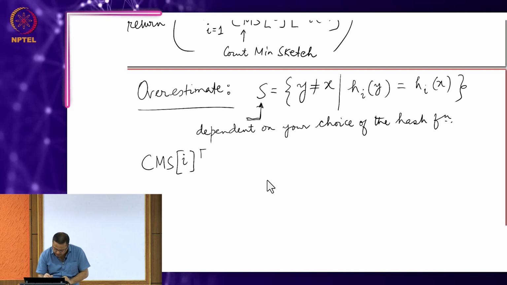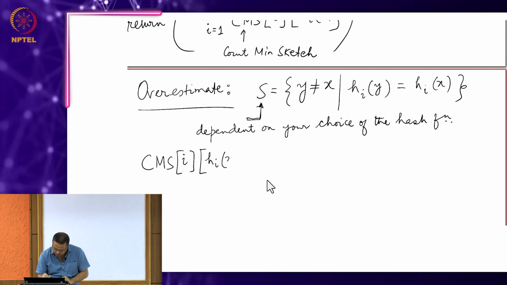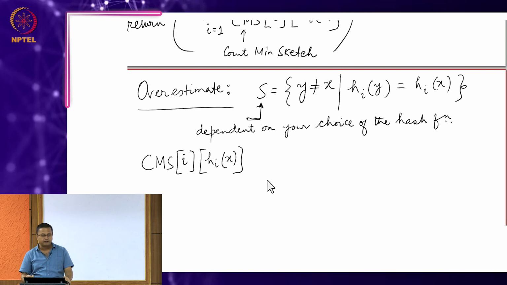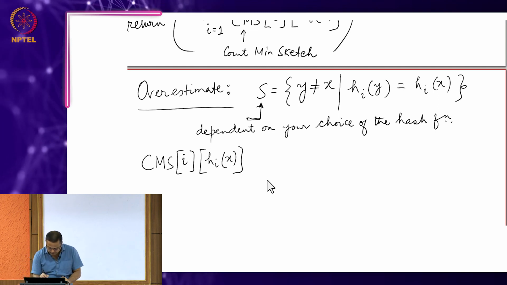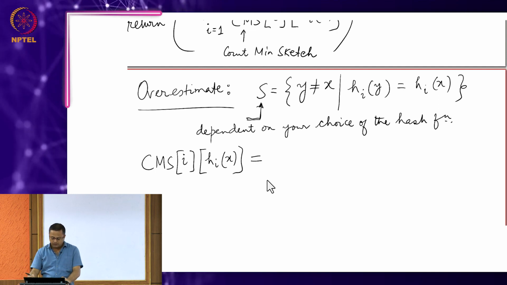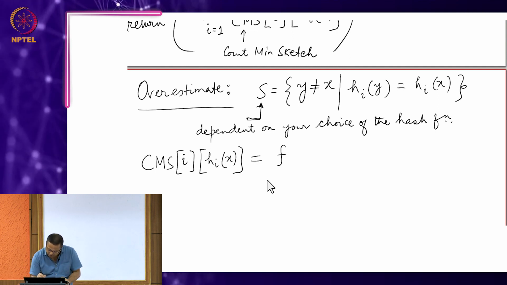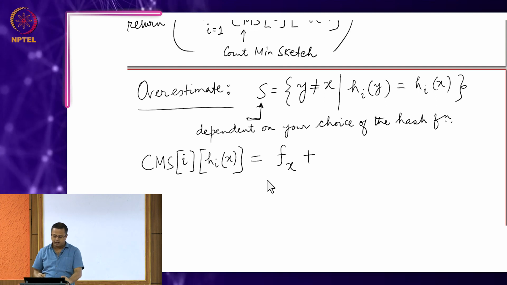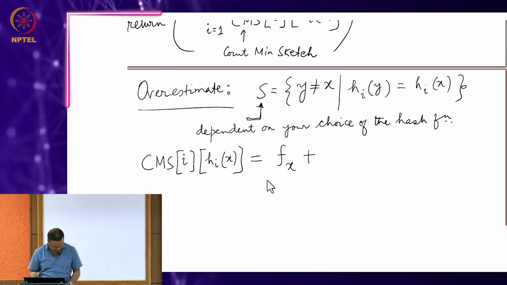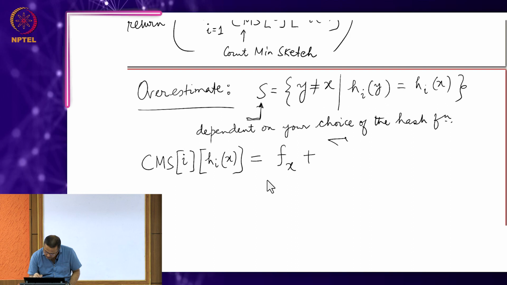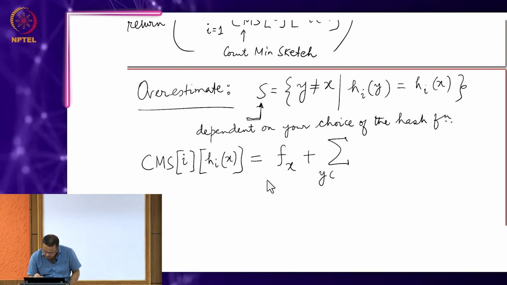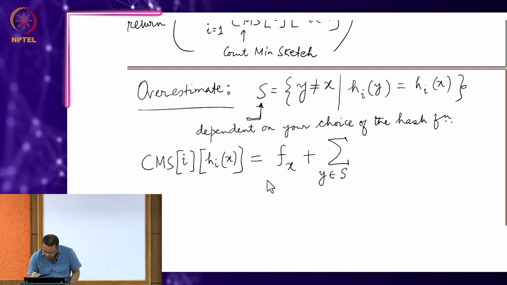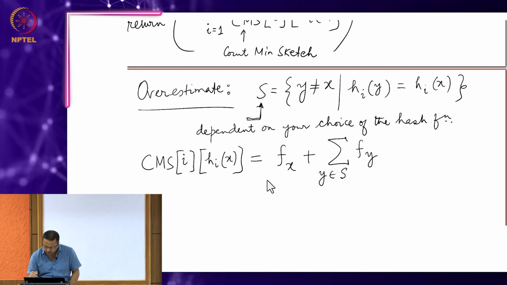So, if I look into any particular element of the array that is related to x, this counts fx and plus does something. What is that? It adds these frequencies.